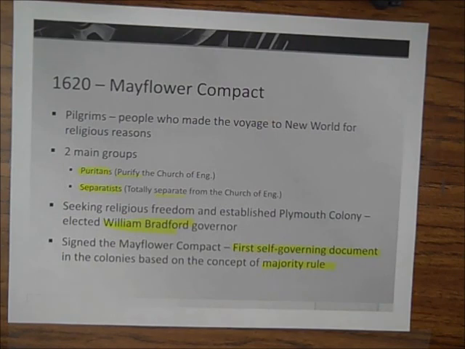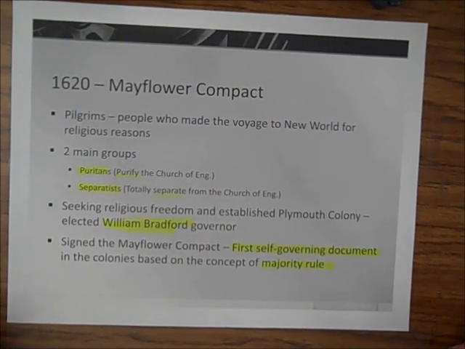So if more than half of the people wanted something, then they would okay it. If less than half voted for something, then they would not okay it. And so this document was a self-governing document based on majority rule.